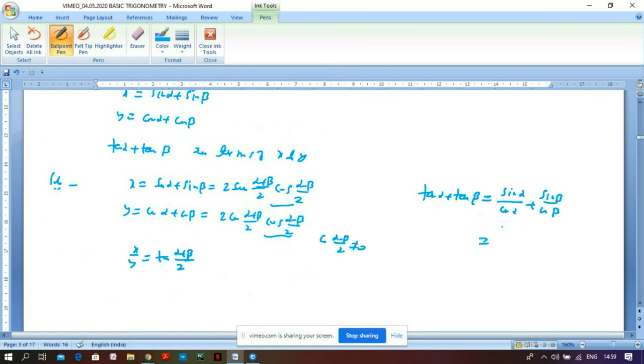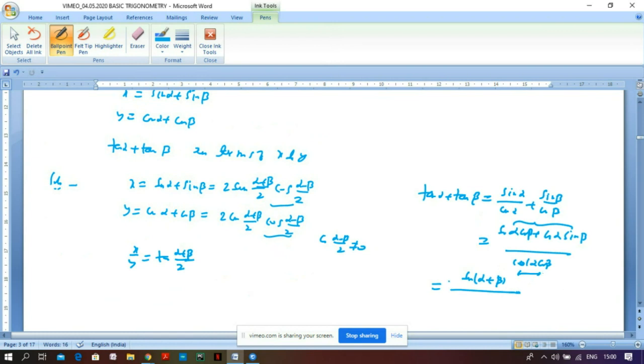So I get (sine alpha cos beta plus cos alpha sine beta) over (cos alpha times cos beta). Now things look promising because sine A cos B plus cos A sine B equals sine of alpha plus beta, and cos alpha cos beta I can write in terms of alpha plus beta and alpha minus beta.